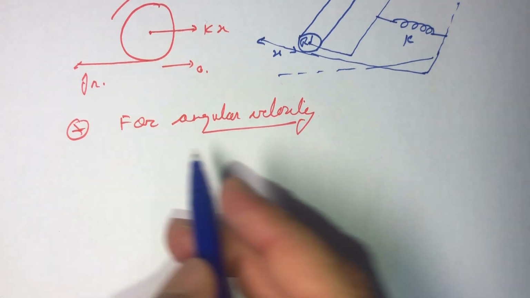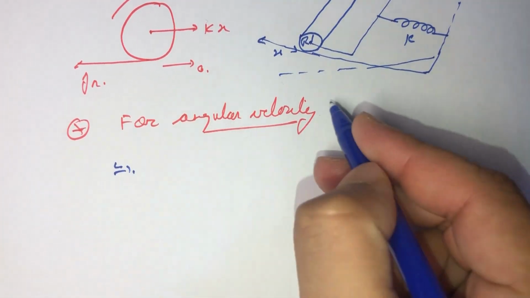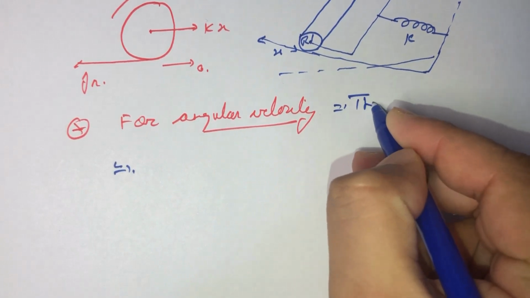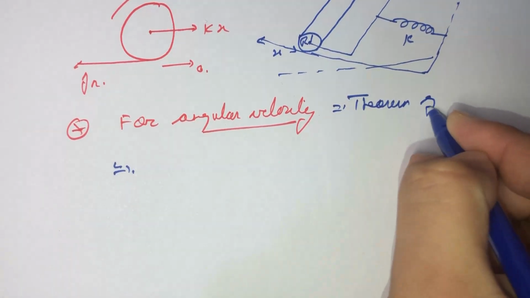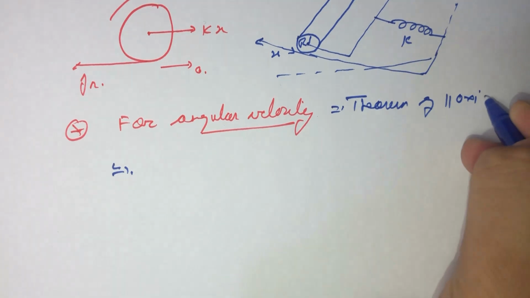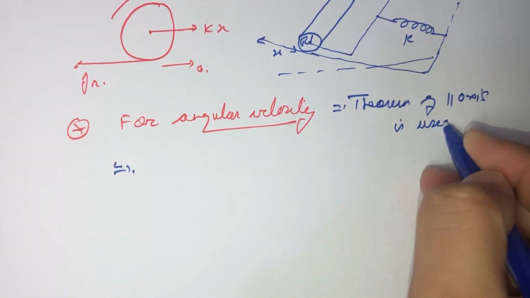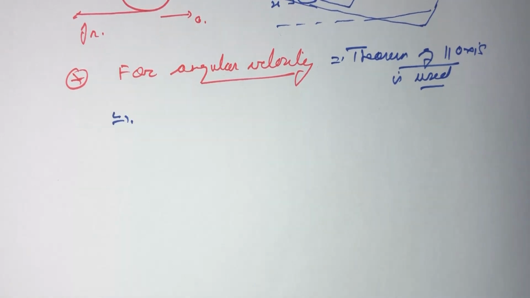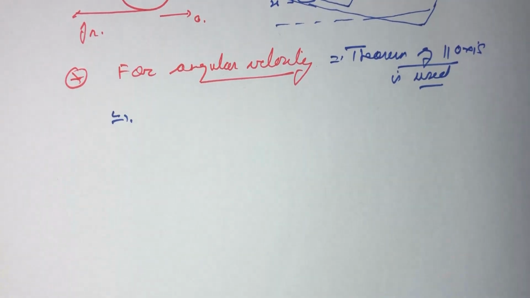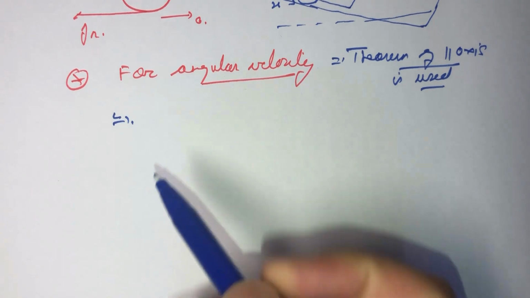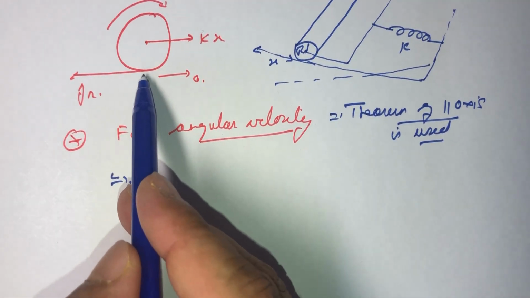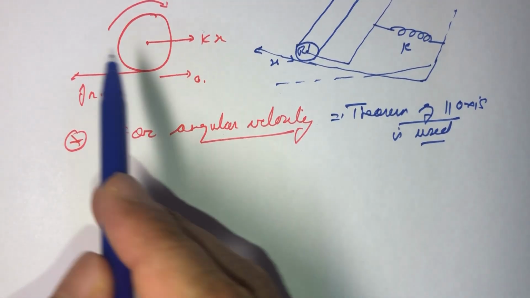And for that, let me write the theorem for angular velocity, the theorem of parallel axis is used. So we can write that the frictional force is acting at the point of contact, so this is going to generate a torque.